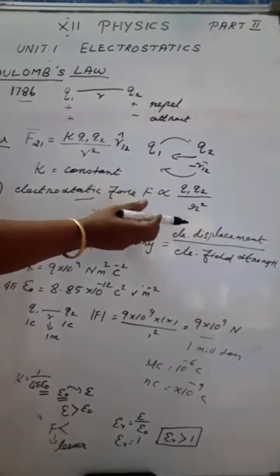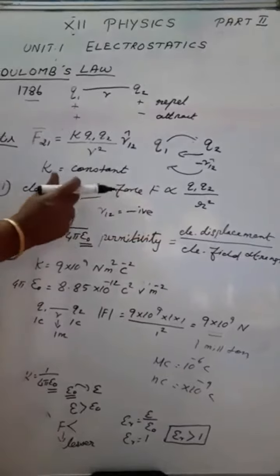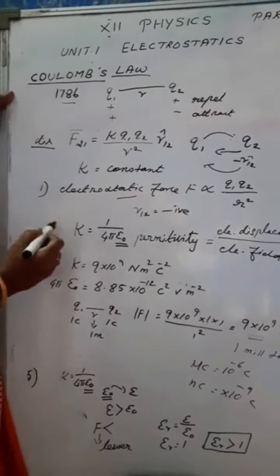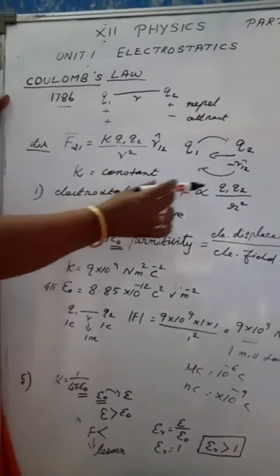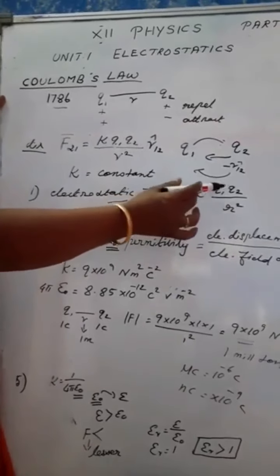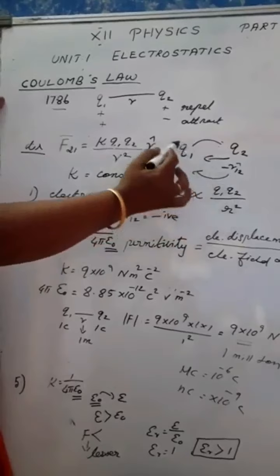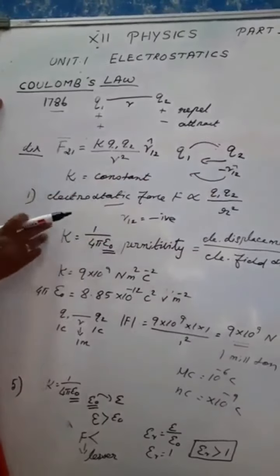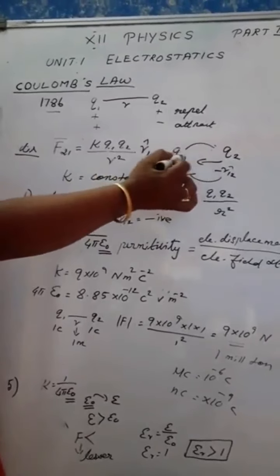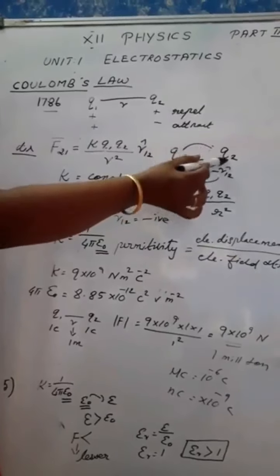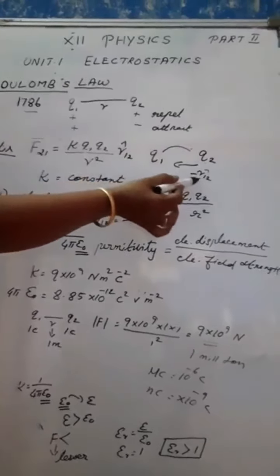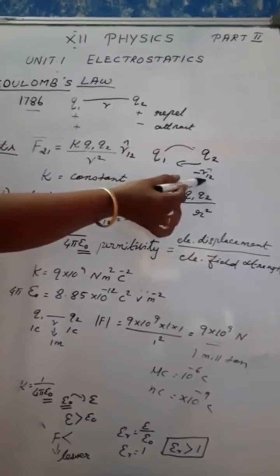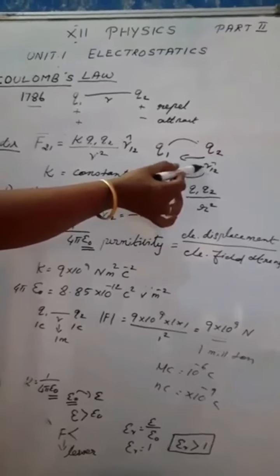This is the first aspect. And the second aspect, when the charge Q1 exerts a force on Q2, the R12 value is negative, because the force created from Q2 to Q1 is opposing the direction of the vector form. That's why my R12 value is negative.